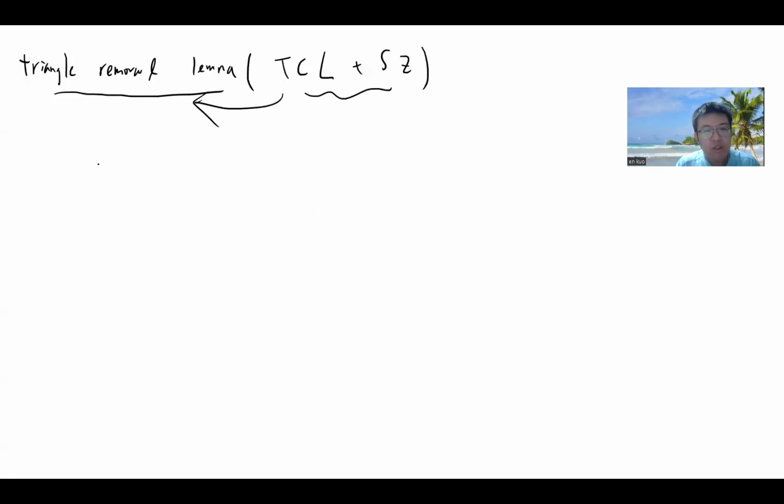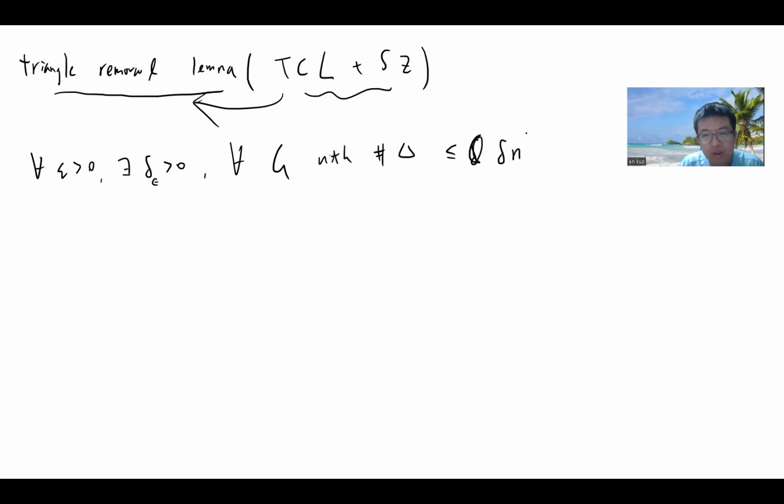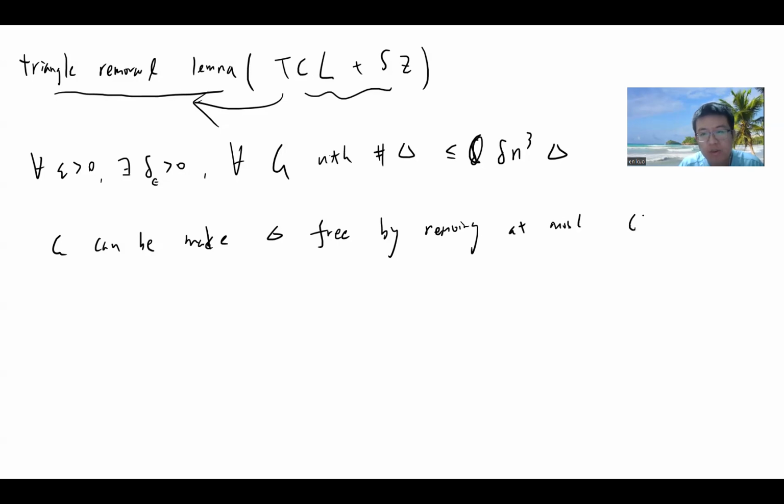So this triangle removal lemma tells this fact. Basically, for all epsilon greater than 0, there's a delta greater than 0, which is a function of epsilon, such that for every graph with number of triangles less than or equal to delta n cubed, G can be made triangle free by removing at most epsilon n squared edges.